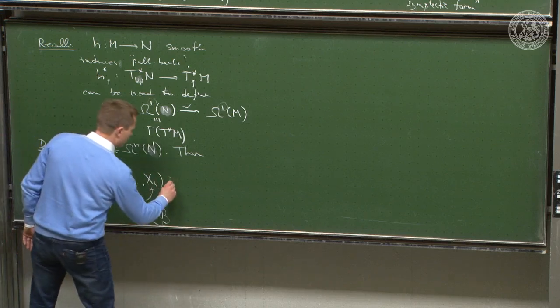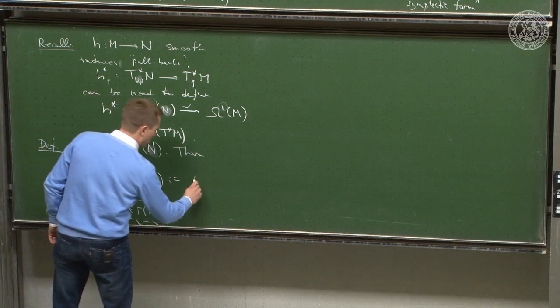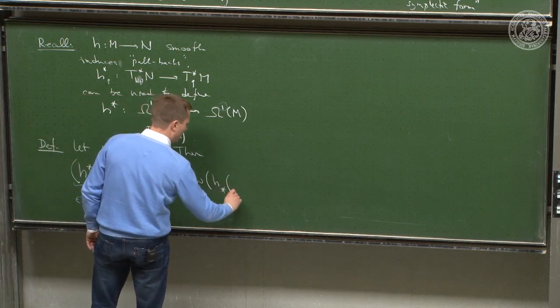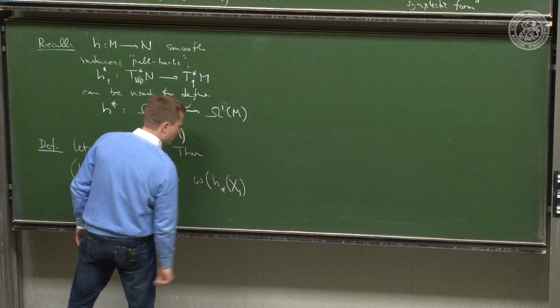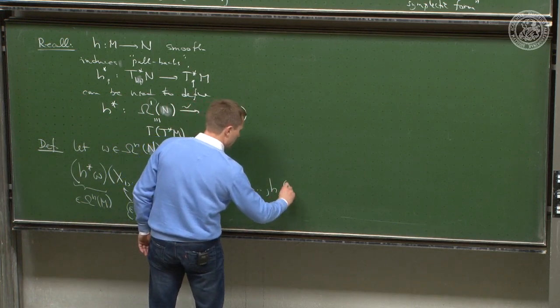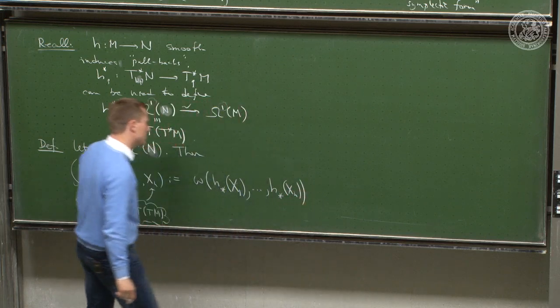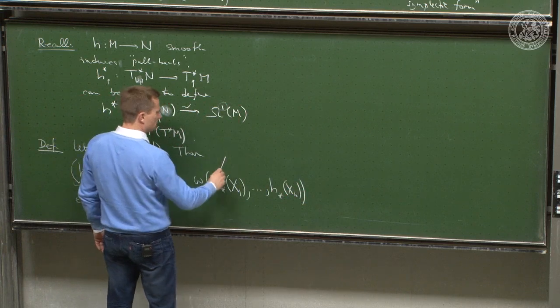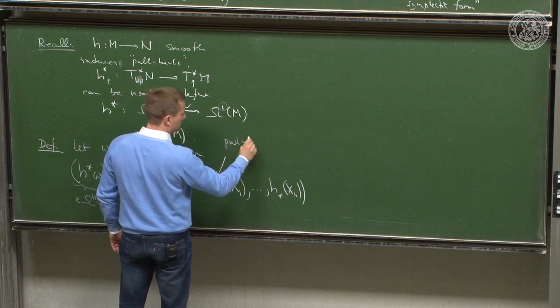So how do we define this? Well, we defined the pullback of a one form by using the push forward on its argument. Now there are several arguments, so in every argument we use the push forward of the vector field, as it was previously.